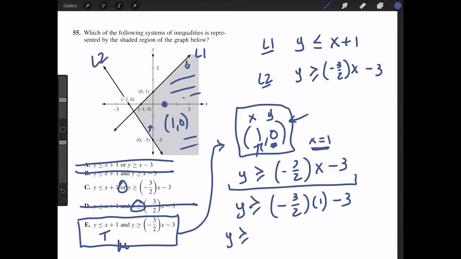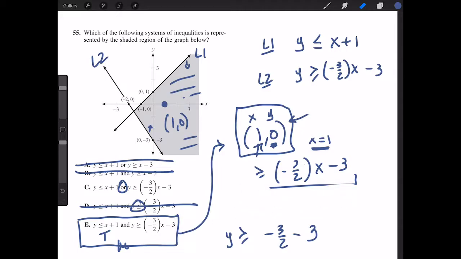So y would need to be greater than or equal to negative 3/2 times 1, which is simply negative 3/2. And then we're going to subtract 3 from that. So let's finish this off. I'm going to erase this part right here so we have some room. And again, we're testing to see if this point does in fact make this inequality true. That's what we're trying to determine.